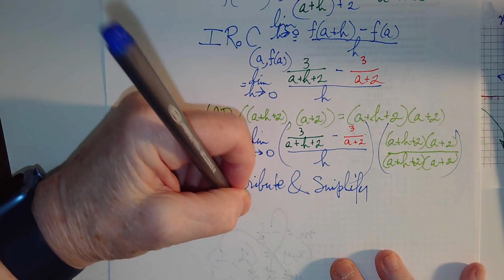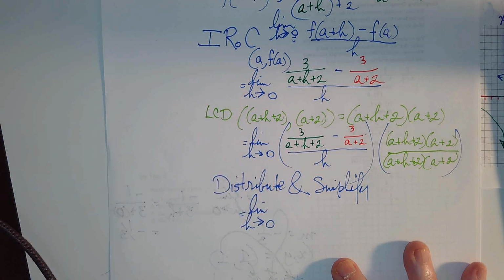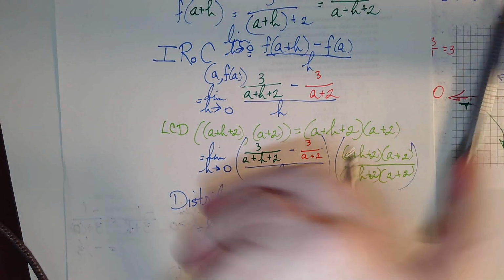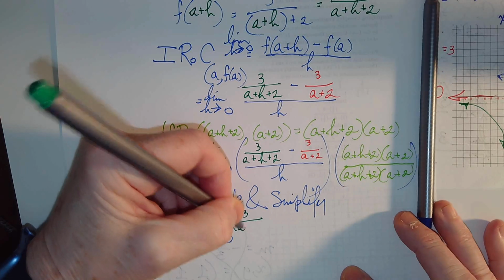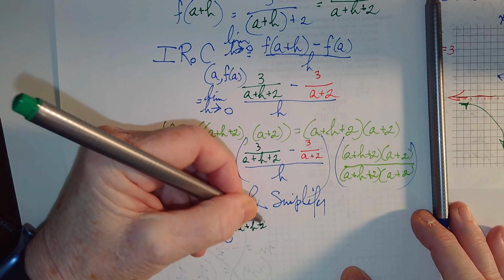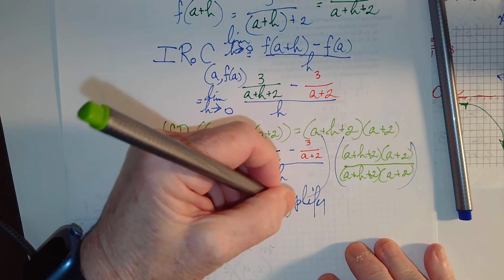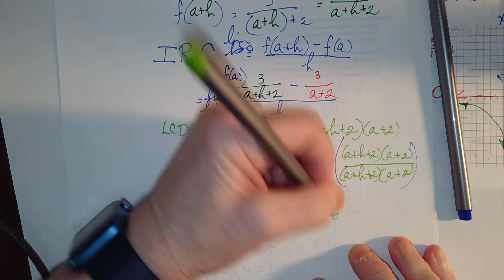So we have the limit as h goes to 0 of 3 over a plus h plus 2 times a plus h plus 2 times a plus 2.